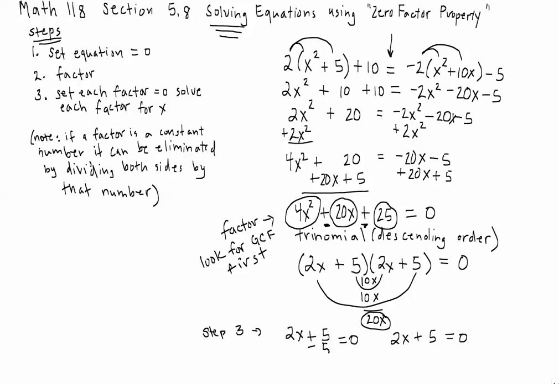How do you solve that for x? You subtract 5 from both sides. So 2x equals minus 5. And then you divide both sides by 2. And I ran out of room.